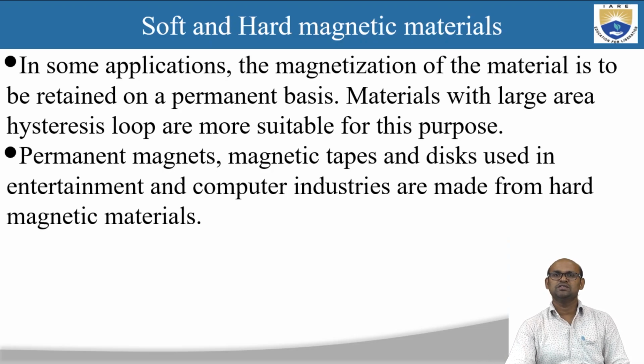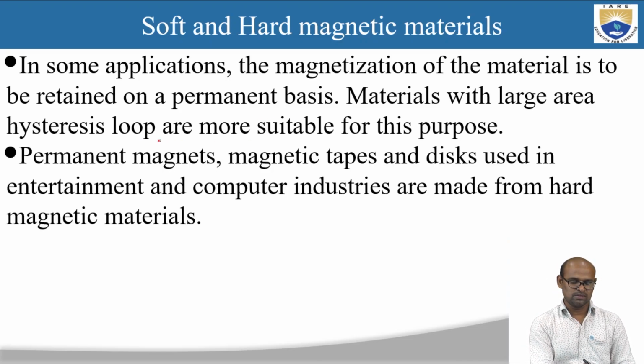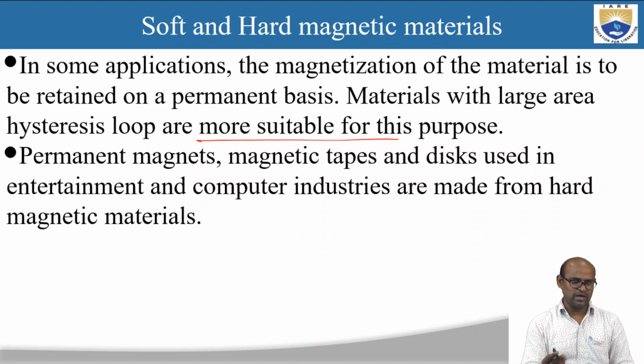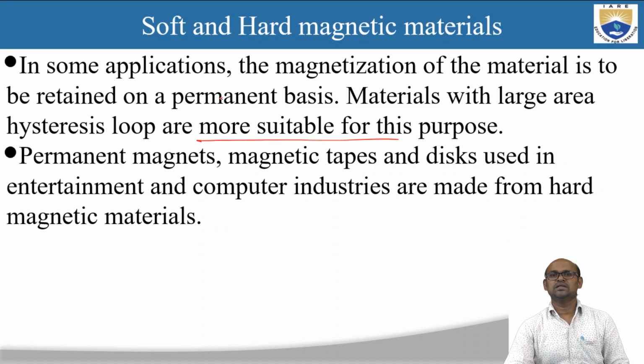In some applications, the magnetization of the material is to be retained on a permanent basis. Materials with a large-area hysteresis loop are more suitable for this purpose. So soft magnetic materials are used in rotating electrical machines, whereas hard magnetic materials are used wherever you need magnetization to be retained on a permanent basis.